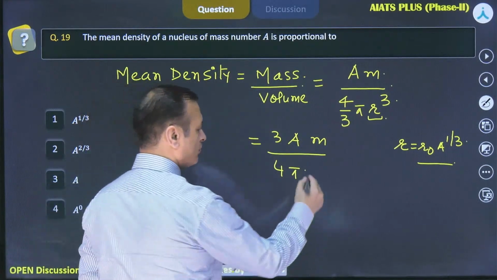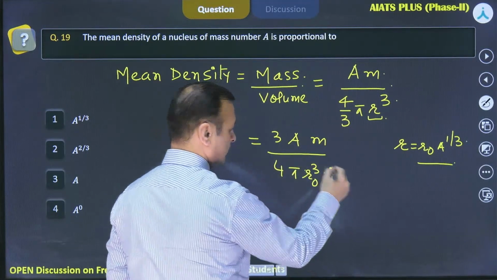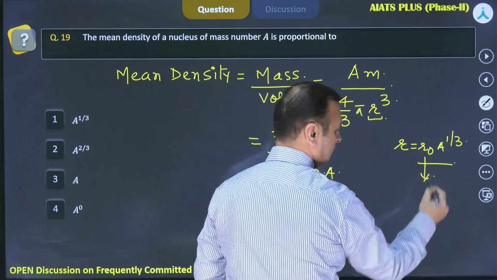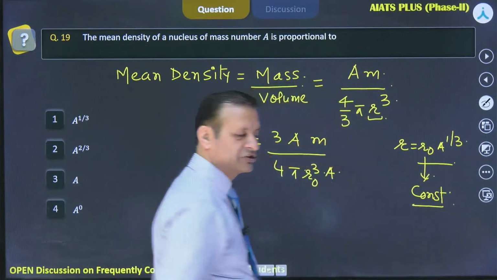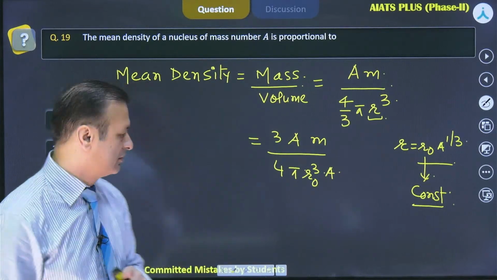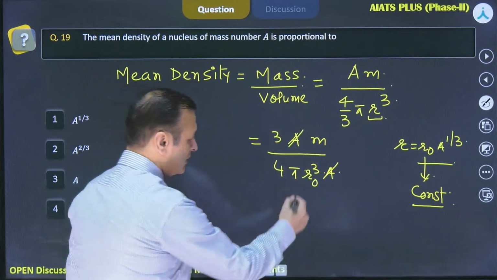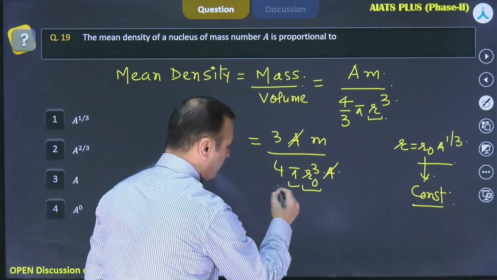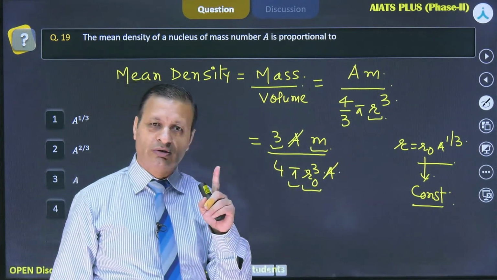So when you take the cube, and this r naught is a constant of the order of 10 to the power minus 15. This goes with this. So this is fixed, 4 pi is fixed, 3 is fixed.